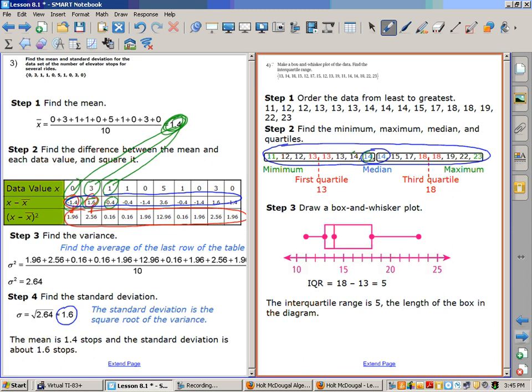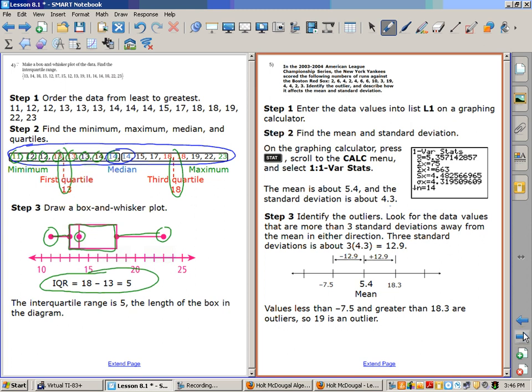If I count 1, 2, 3, 4, 5, 6, 7, 8, my first quartile is right there at 13, and my third quartile is right there at 18. So I have an interquartile range, IQR, of 5. My extreme maximum is 23, and my extreme minimum is 11. Then I have my box with the whiskers and the median in there.